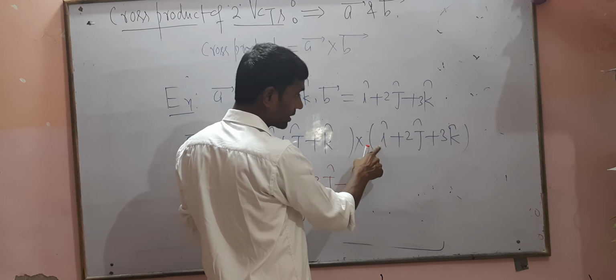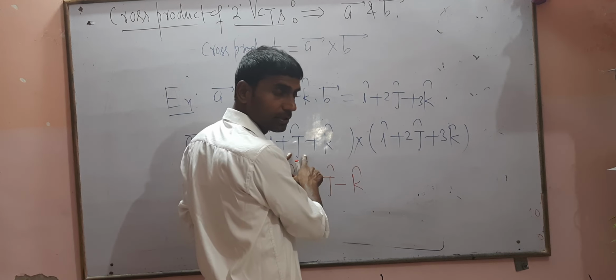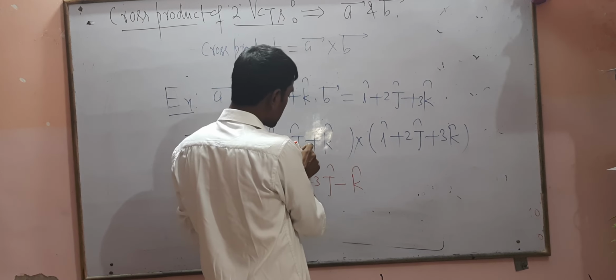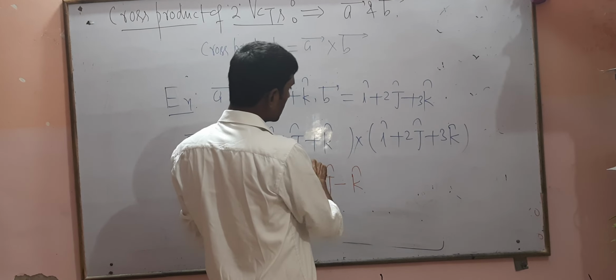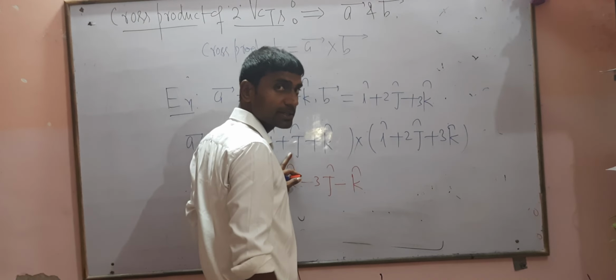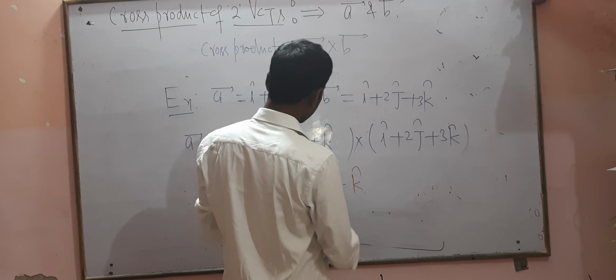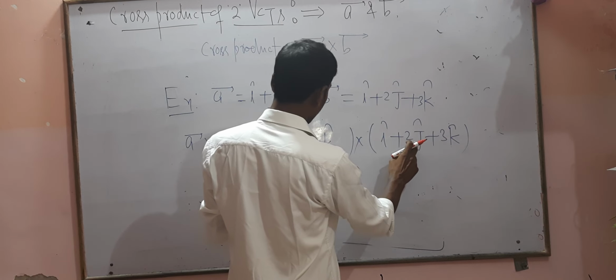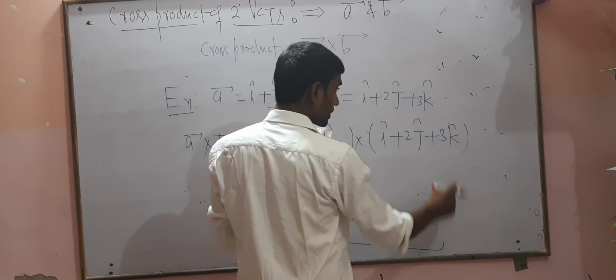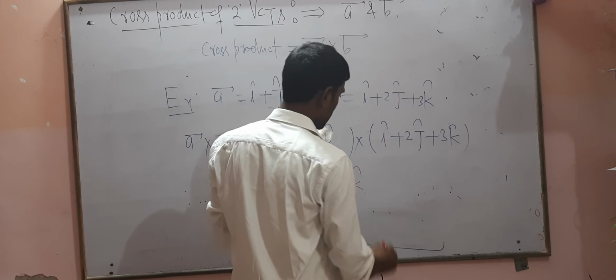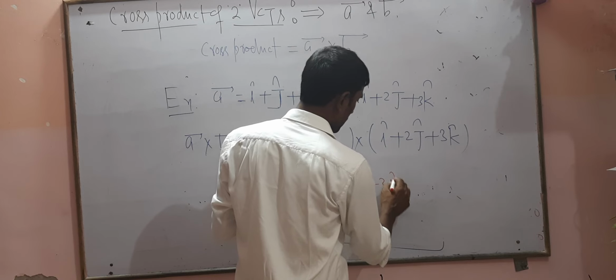So j cross i, not i cross j, because j cap is in the first position and i cap is in the second position. So j cross i equals minus k cap. Next, j cap cross j cap equals 0. j cap cross k cap equals i cap, so 3 into i cap.